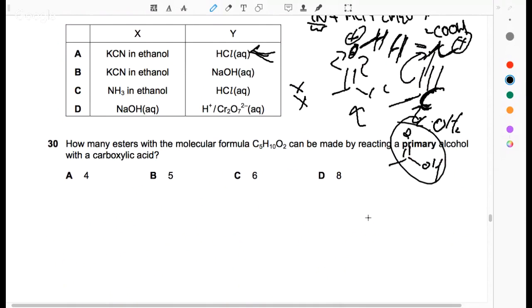So number 30. Yeah, number 30. Primary alcohol. Okay.